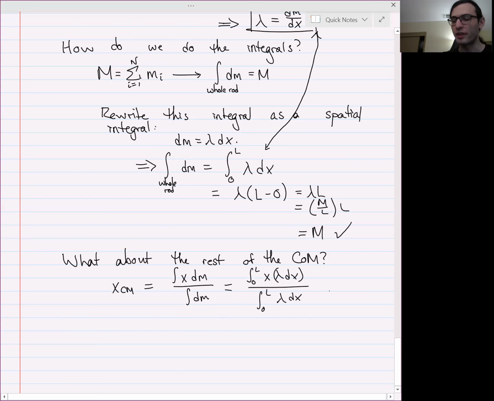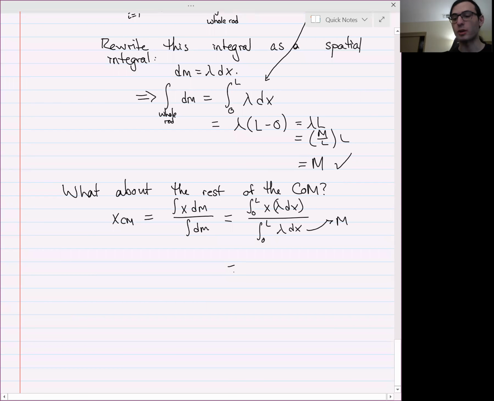Now we already know that this denominator just becomes m. But we can do the numerator. It's an integral of lambda x, where lambda is a constant, so it becomes 1/2 lambda L squared minus 1/2 lambda 0 squared, divided by m.